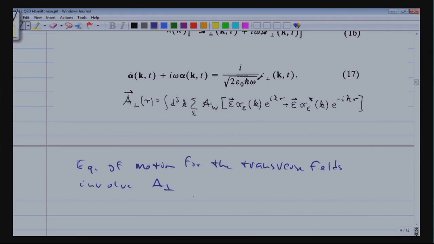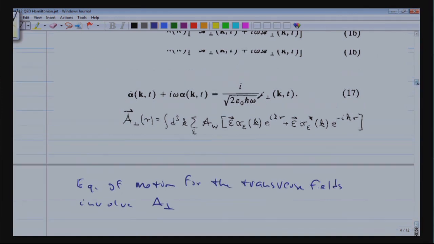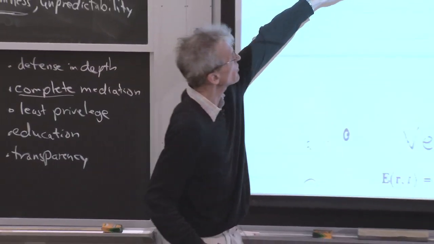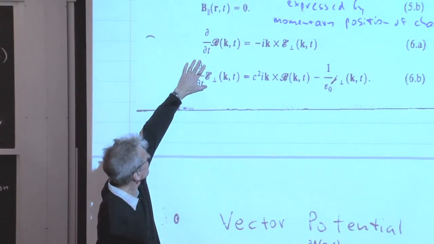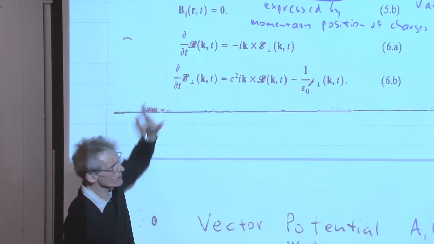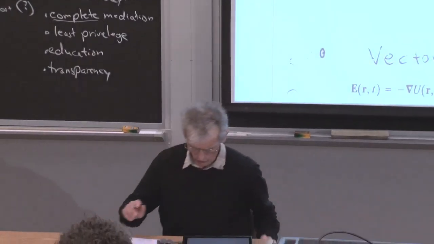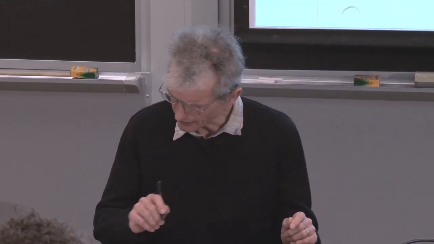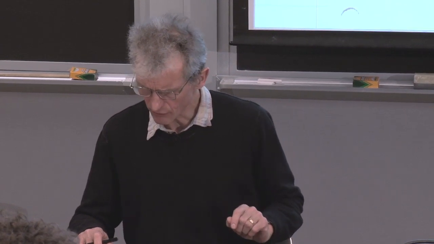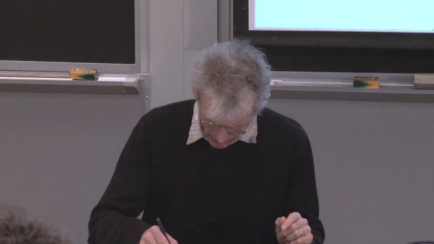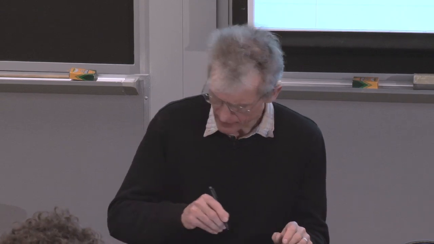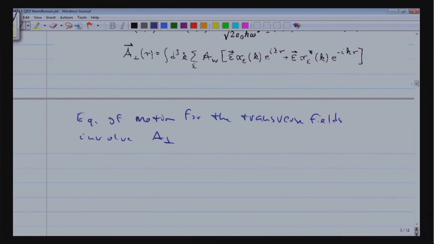Sorry, I should have scrolled back. Here we have our equations for the transverse fields. So this is what we want to describe. And if we express everything in terms of the vector potential, then we have an equation which involves the transverse vector potential, but in addition, because it's a differential equation, the first and second derivative.